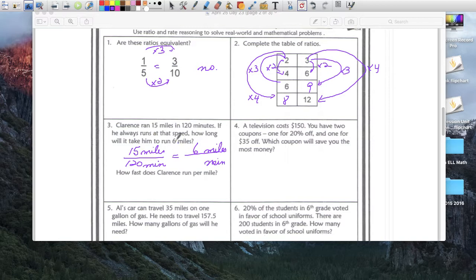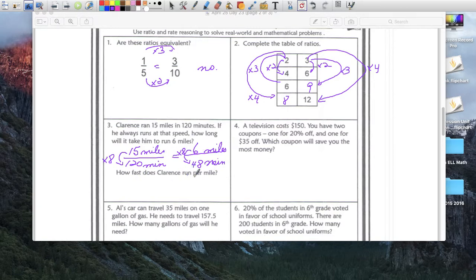Side to side, is there something you can divide 15 by to get 6? No. So what about up and down? How did the 15 become a 120? Times 8. So I'm going to apply the same relationship here, 6 times 8 gives us 48. So it's going to take him 48 minutes to run 6 miles.